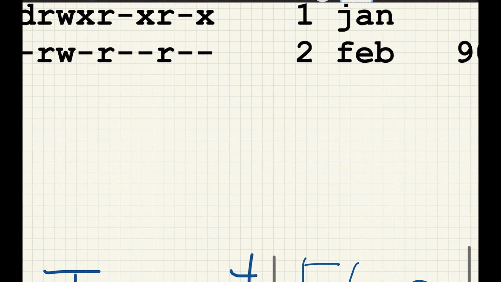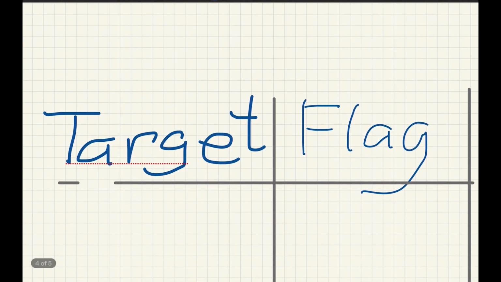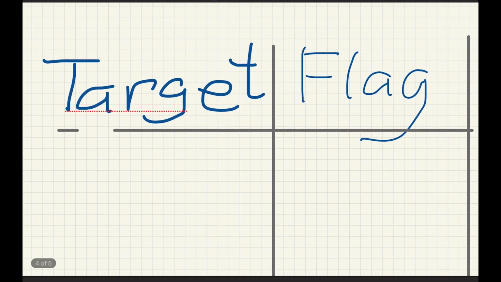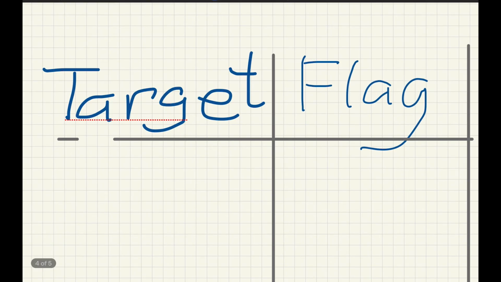And we are going to talk a little bit about the flags of these targets as well. So let me just put them down here again. The user is the official name for this owner of the file. So I will call it user from now on.